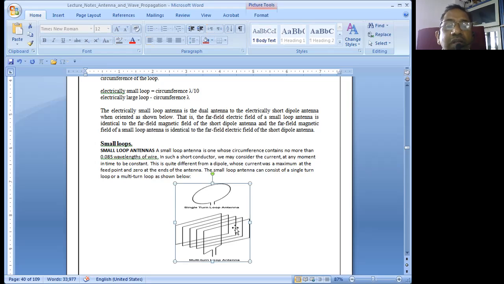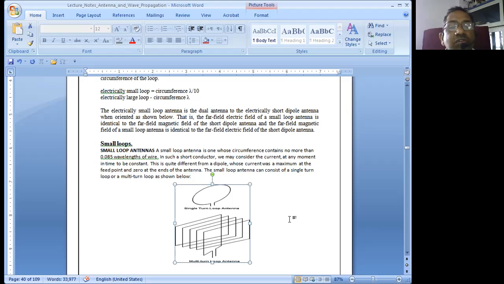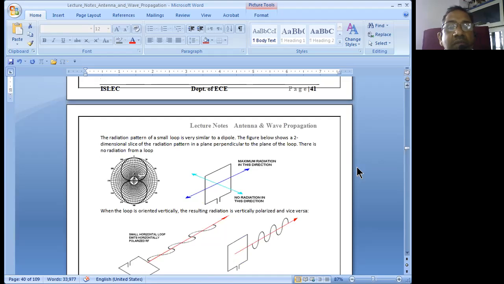So it is going to be a multi-turn loop antenna. Like this, we can form different types of loop antennas in order to radiate signals to a far distance. So single loop, single feed antennas and multi feed antennas are normally constructed.